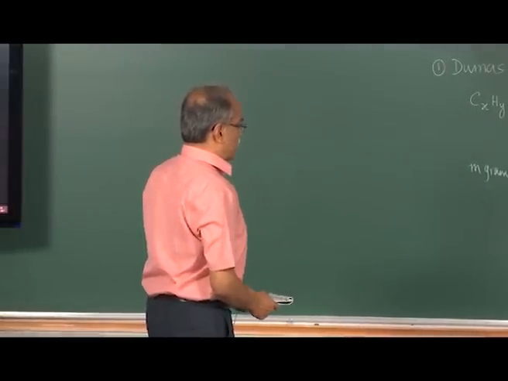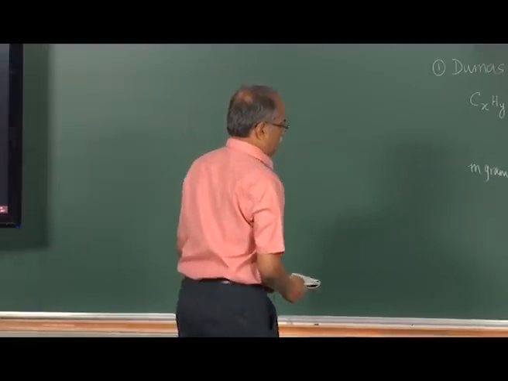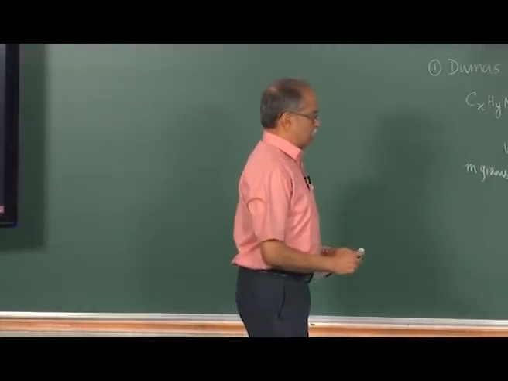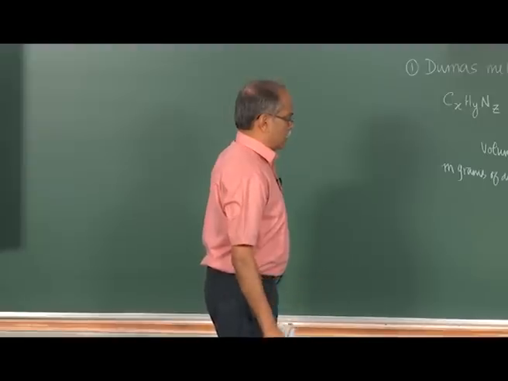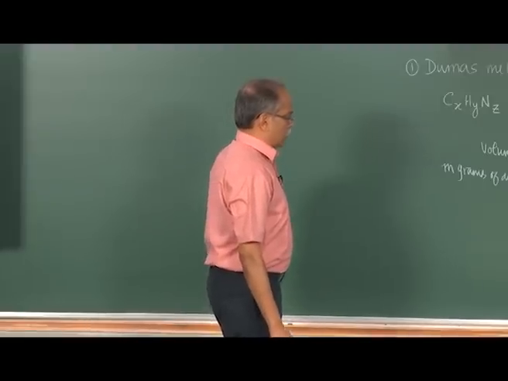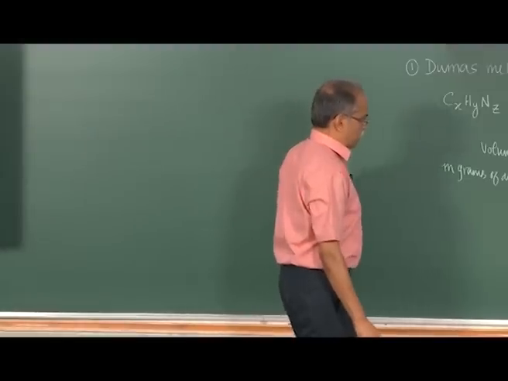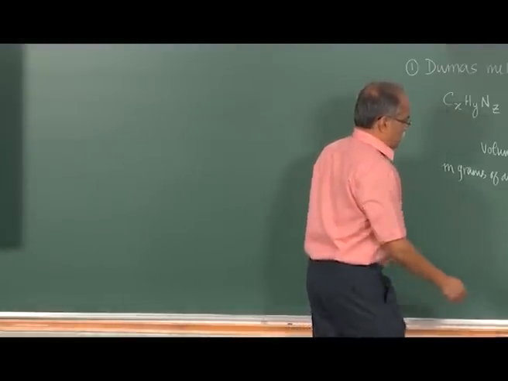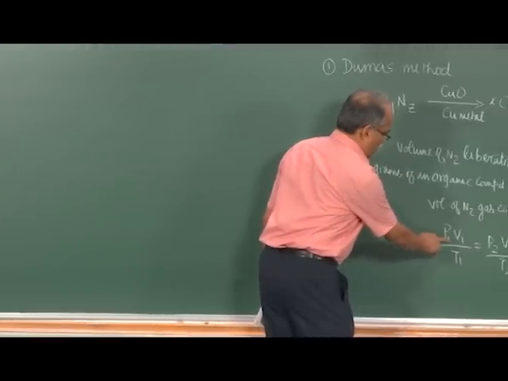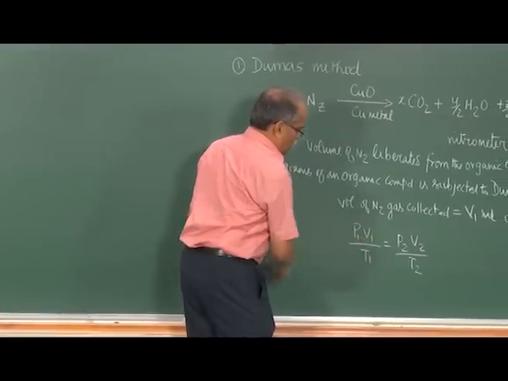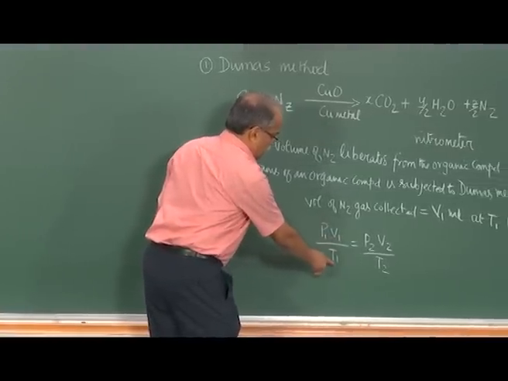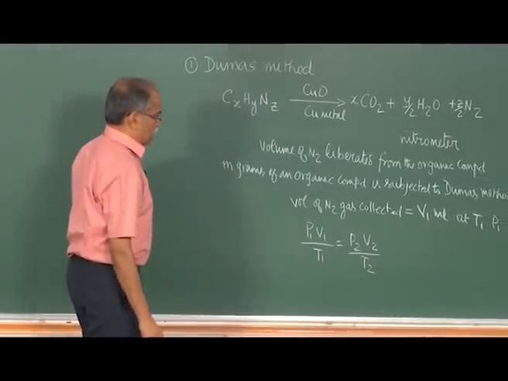In other words, at 273 Kelvin temperature and 760 millimeter of mercury, that is 1 atmosphere of the pressure of nitrogen. So, let us say for example, this is the P1, which is the pressure at which the nitrogen is collected, V1 is the volume of the nitrogen that is collected, and T1 is the temperature at which this is collected.